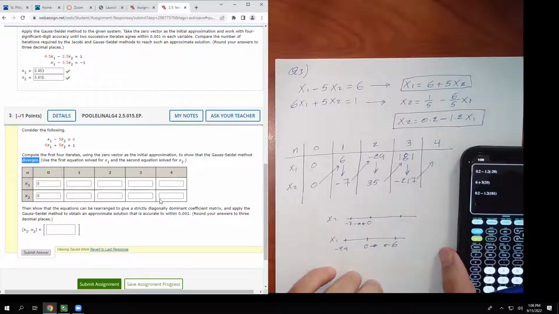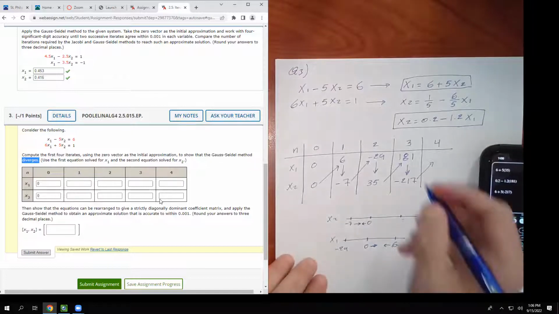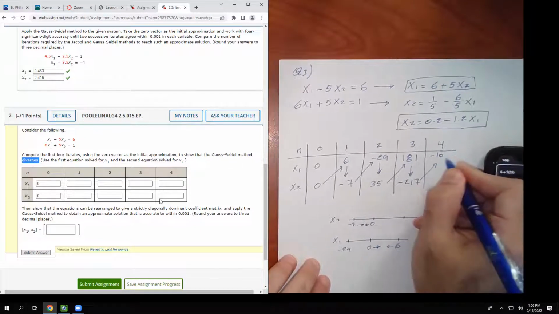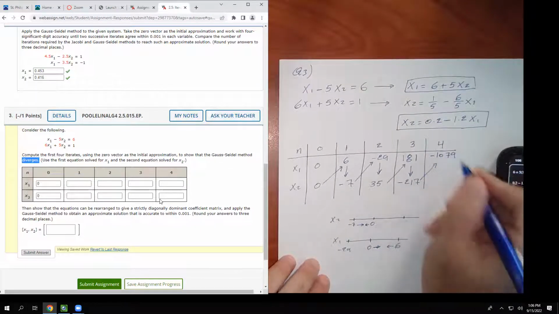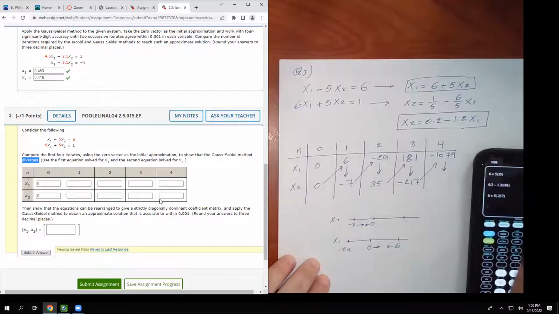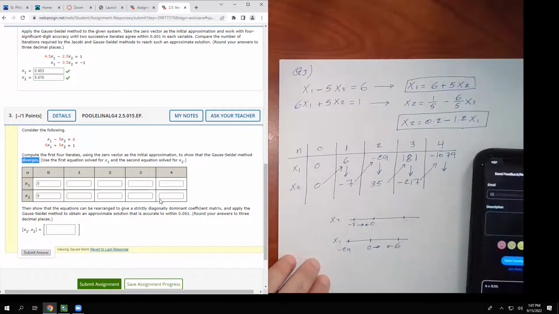Keep going. Fourth one, I'm going to use negative 217 to find x1. So here's this one. Going to change. It's a divergence. Negative 217. So give me negative 1079. Then use the new x1 to find x2, which is this one.